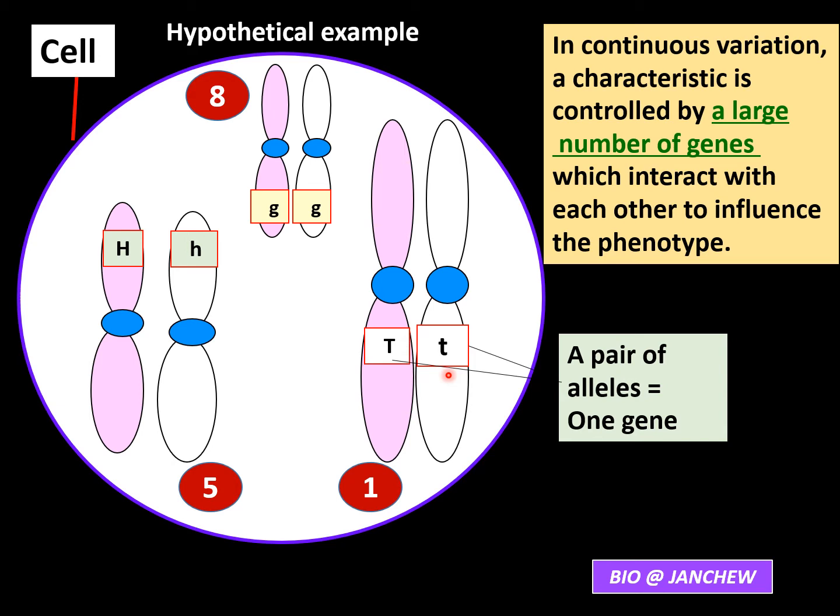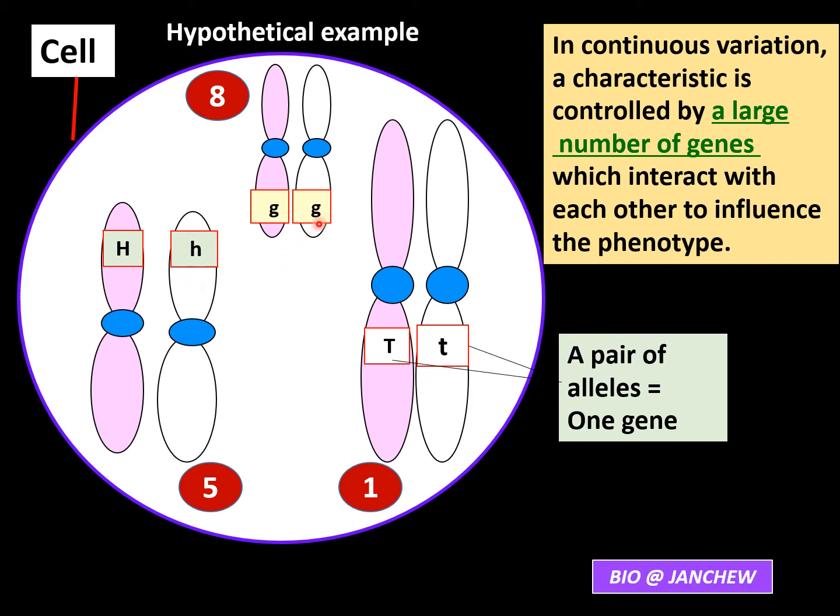Okay. However, for humans it is different. Height in humans is controlled by many pairs of alleles, not just one pair, many pairs of alleles on different pairs of homologous chromosomes. So for example, there may be a pair of alleles on chromosome number 1 that controls height, but there's another pair on chromosome number 5 that also affects the height of a person.